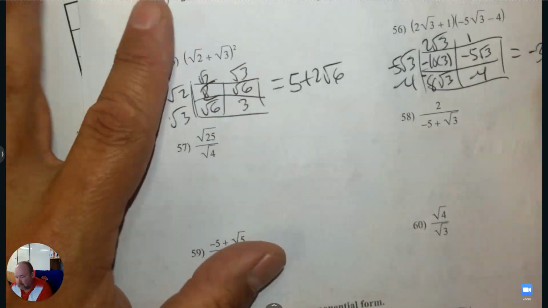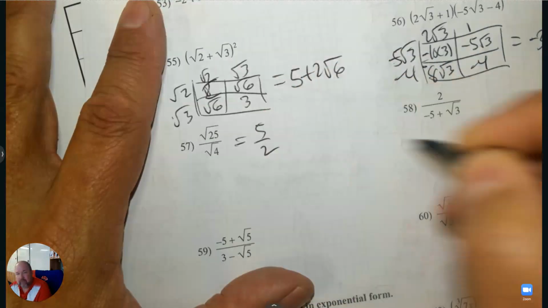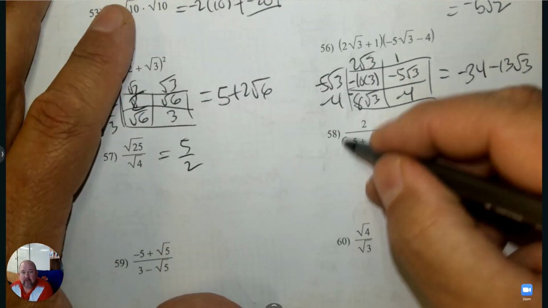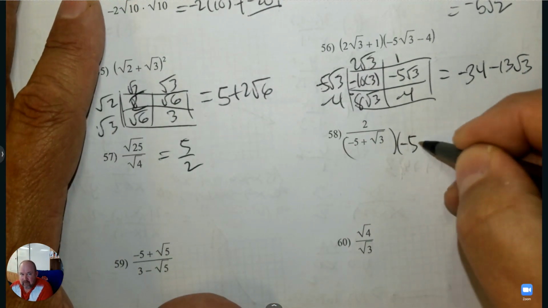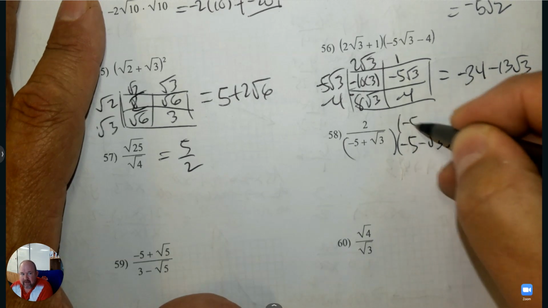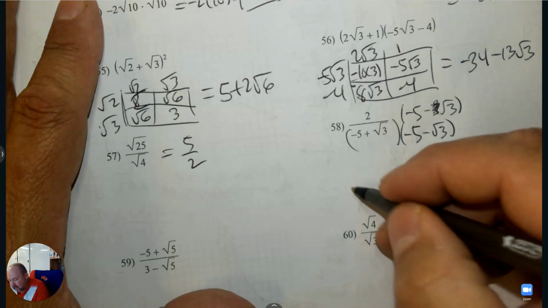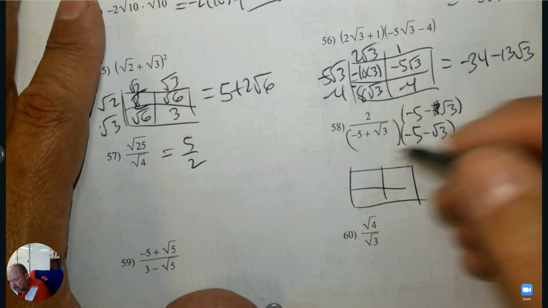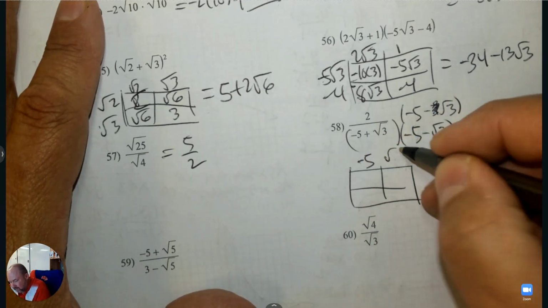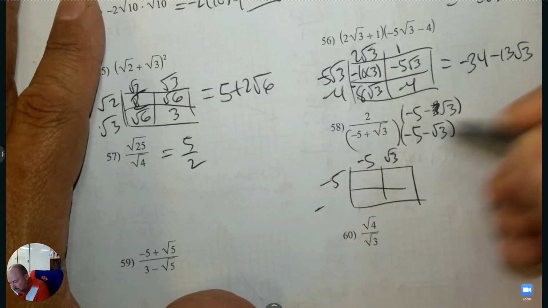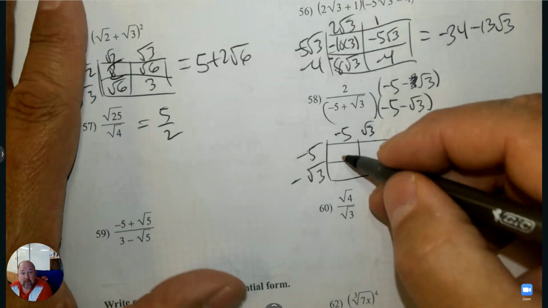57. The square root of 25 is 5 and the square root of 4 is 2. Here we need the conjugate. We have a binomial in the denominator, so I'm going to change that connecting sign to negative. Oops, just root 3. And I'm going to do a box, a FOIL, for the denominator. And we're going to multiply it out.